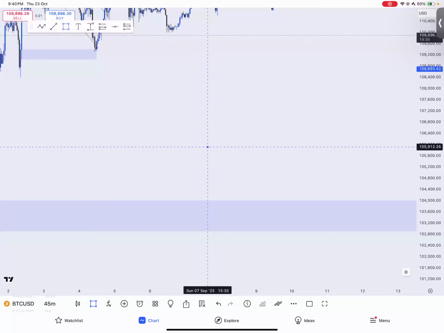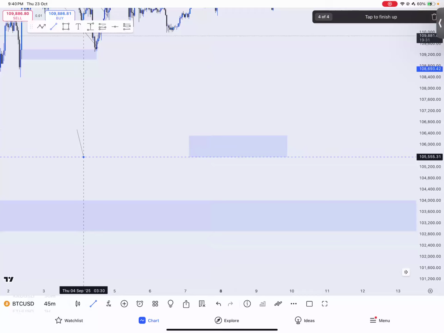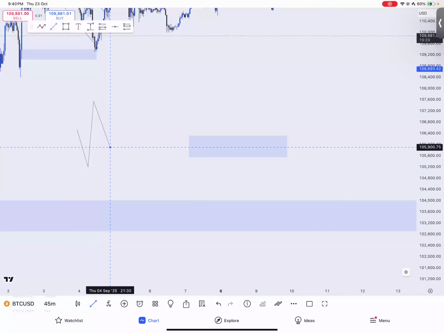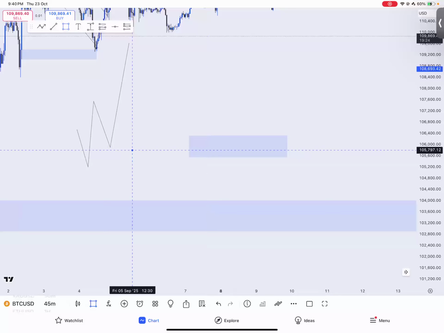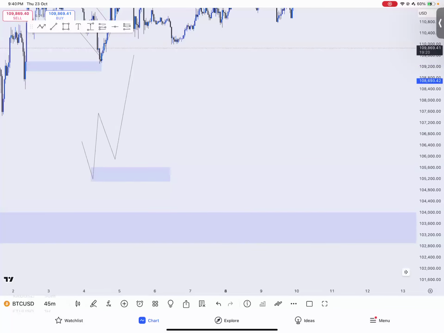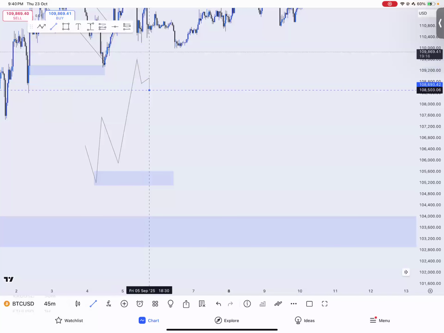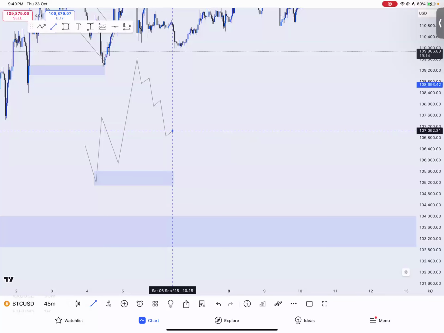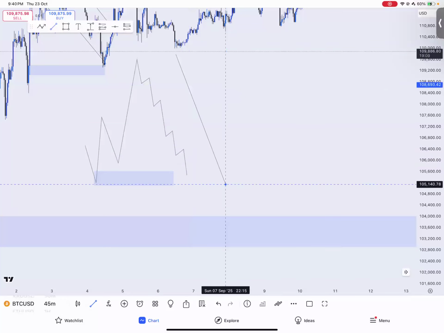If this is a point of interest that I have, a buy level, let's say I have a structure shift, inducement, and then price pushes up, and then I'm expecting price to come buy from this level here. I would rather appreciate the market approaching my point of interest in this manner rather than the market approaching my point of interest in this manner.